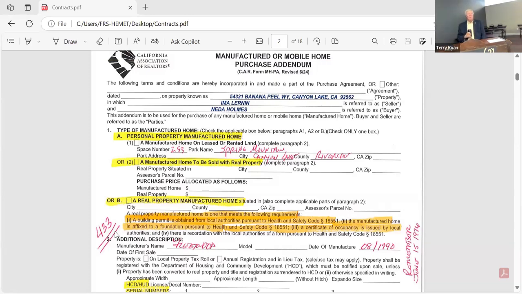But by the time we get to a real property manufactured home, which is one that has a 433 or is on a permanent foundation, then we can get regular rates, whatever they are at the time. Maybe it's 6.6 today or something as far as interest rates go. So that 6.6 will be okay for this, just like it's okay for a stick-built house in a development.